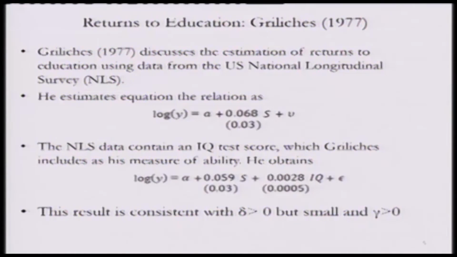To understand the omitted variable bias in practice, let us consider this paper by Griliches, 1977, where he tries to estimate the returns to education.